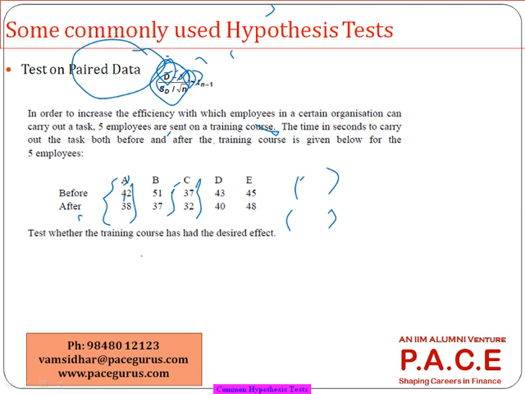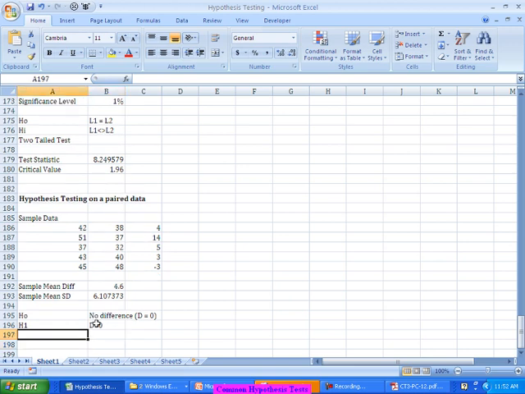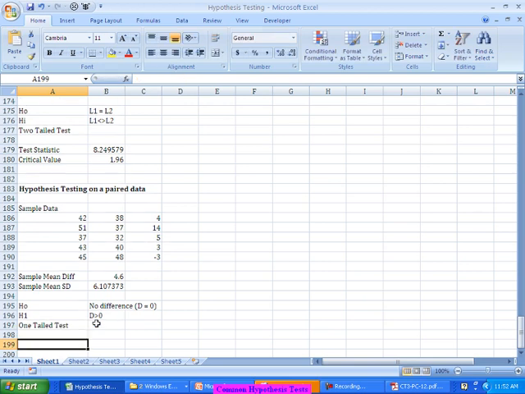Improvement means the difference should be greater than 0. So probably I want to look at only a one tail test, because in the after case the number should come down.